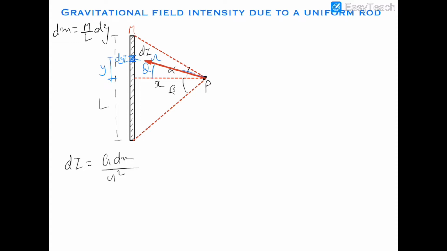Now the value of dm is this one, so dI is G by r square into m by L into dy.